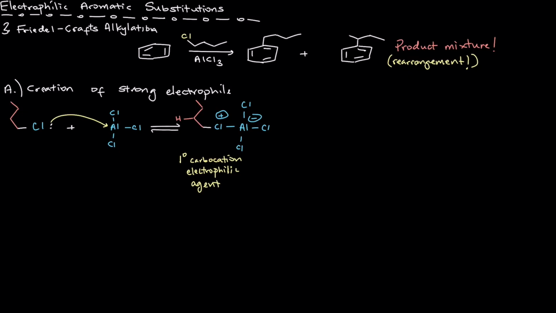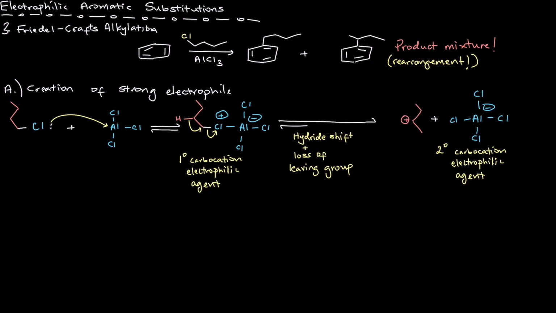This hydride shift occurs in this particular manner, where that CH bond breaks, and the electrons that were used to form that bond move over to the carbon that is bonded to the chlorine. In your hydride shift, or you can call it a nucleophilic attack of that carbon, and a loss of a leaving group, which is the chlorine, you form another electrophilic agent, which would be your secondary carbocation in your flask.